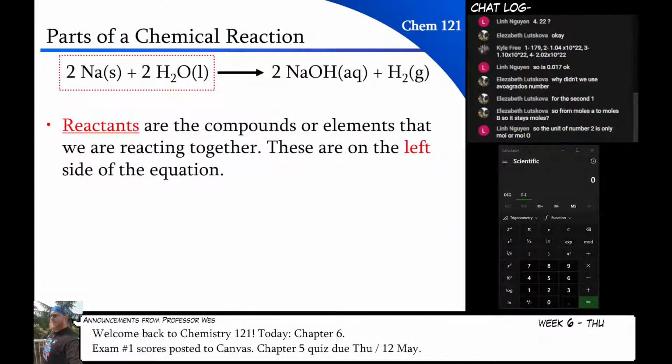All right, so let's first talk about this arrow in the middle and what it means to be on the left side versus the right side. In a chemical reaction, the left side is what you are going to do for your reaction. In other words, they are the reactants that react with each other. I will put the reactants in the container, and then I shake it, or whatever.